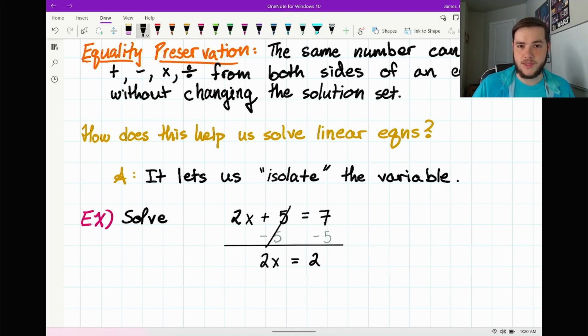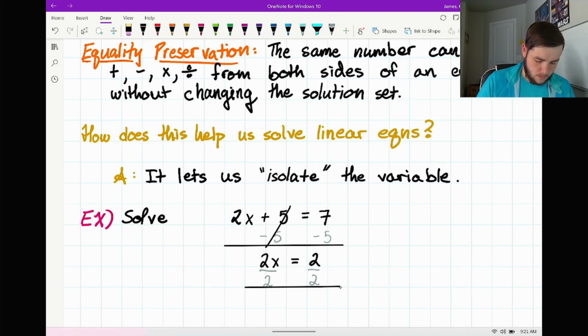I only have one more step to go. Notice I've got 2 times x. To undo that multiplication, I want to use its inverse operation, which is division. So instead of multiplying by 2, I'm going to divide by 2 on both sides. Now on the left side, my 2's cancel out, and I'm left with just x.